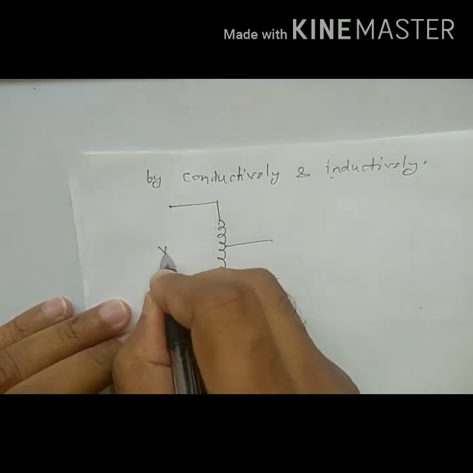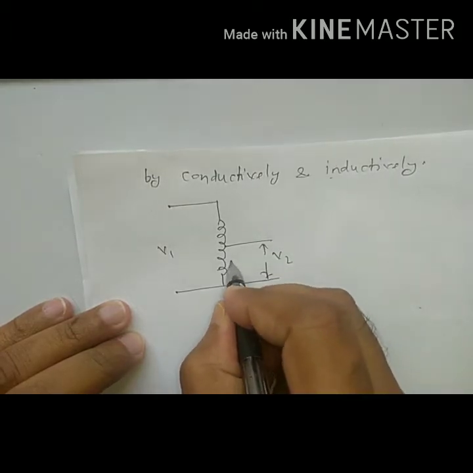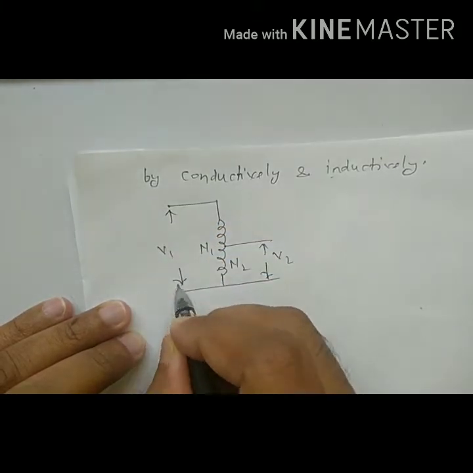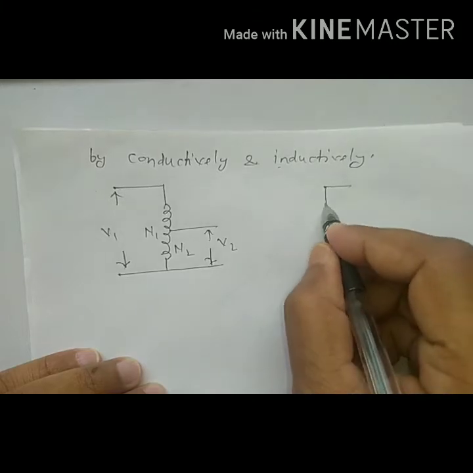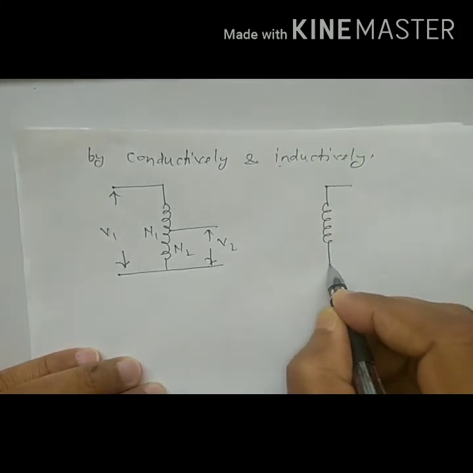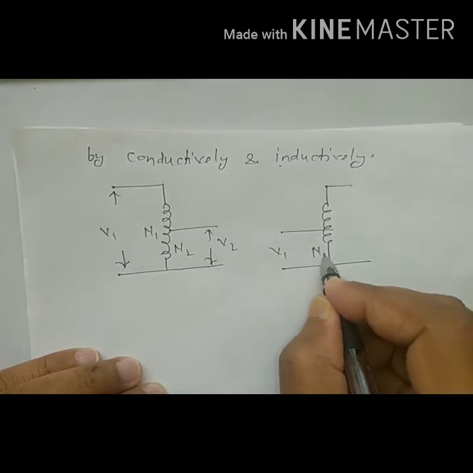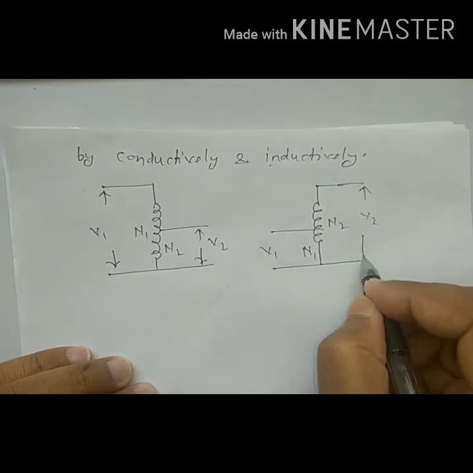So this is V1, this is V2. Here the number of turns is N2, here the number of turns is N1. This is a step down transformer. And this will be V1, here N1, here N2, and this is V2.